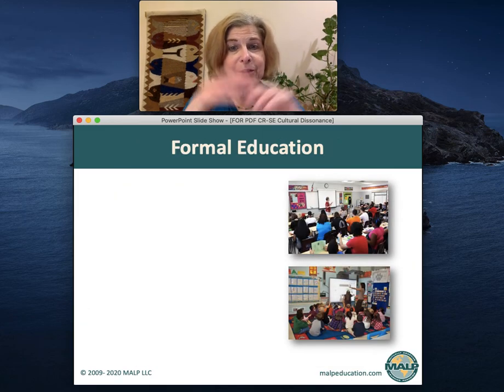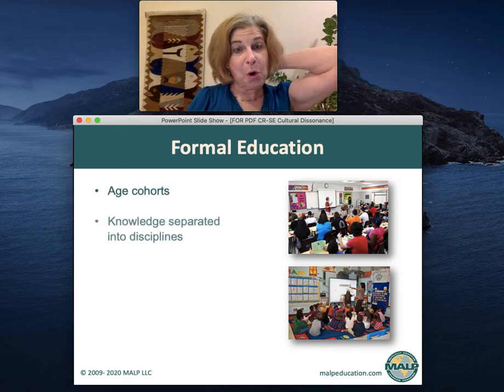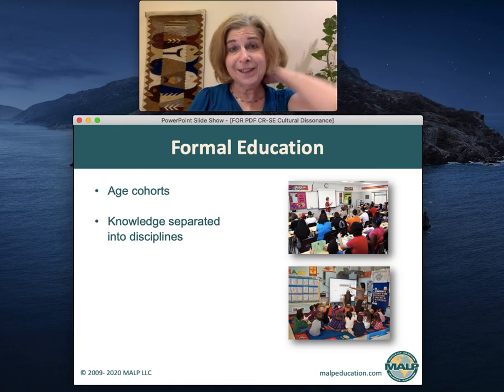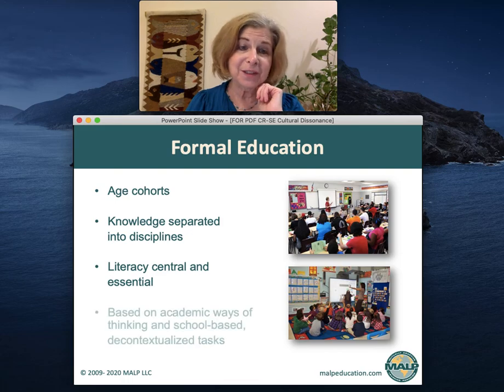What do we have? Oh, well, you know what we have. We have age cohorts, knowledge and disciplines, literacy is central. This is all very familiar.